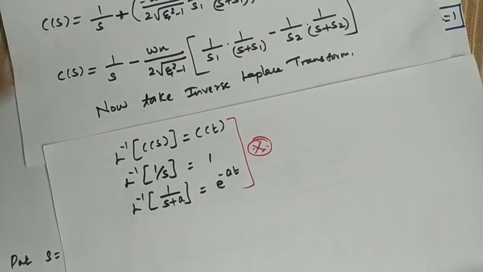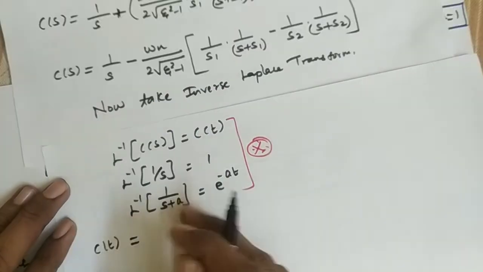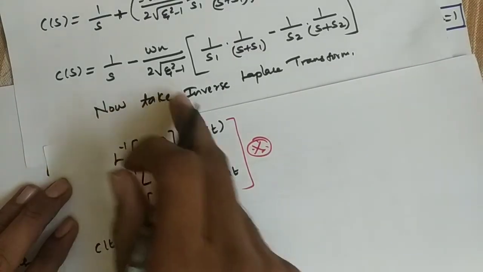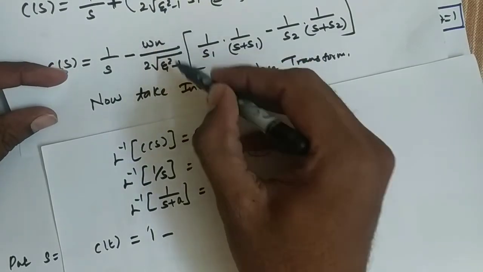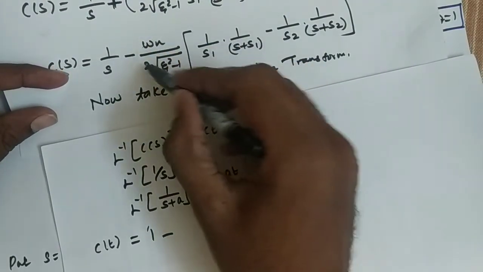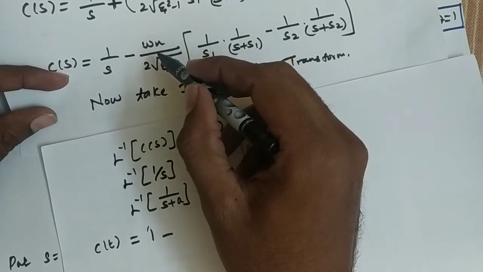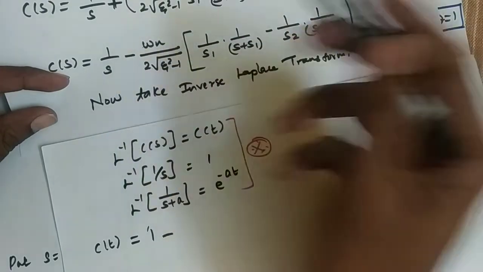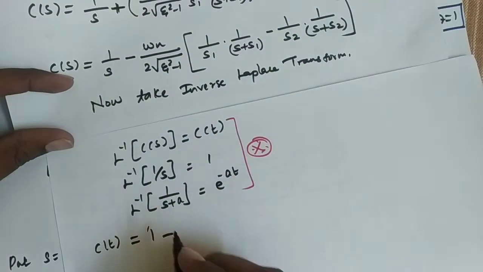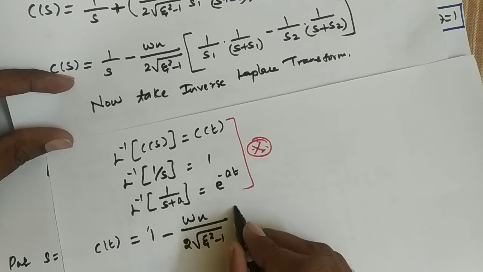Okay, now write the time response equation. C of t is equal to 1 minus, these are not relevant to time responses, is it not? Omega n natural frequency, eta damping ratio, these are constant values. It is not actually a variable. So if you are taking the Laplace transform, there is no change over that. So let's keep the same as here, omega n divided by 2 root of eta square minus 1.